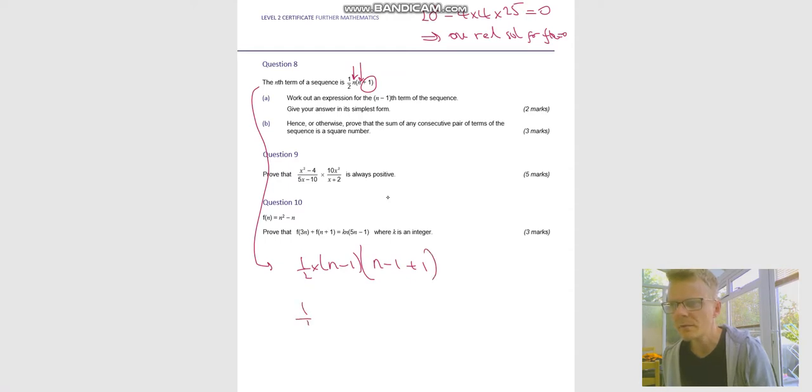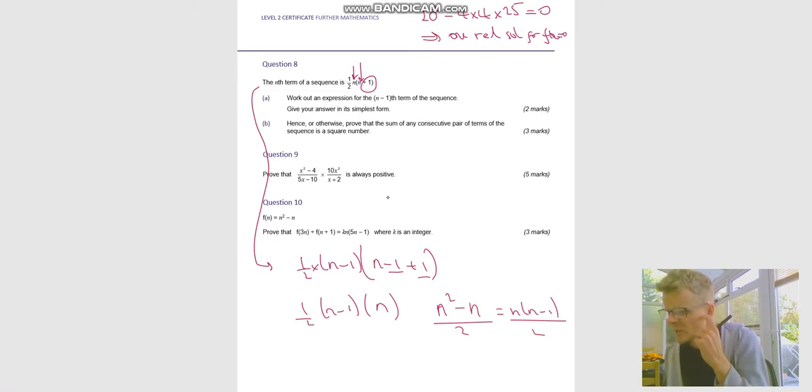So we get a half times n minus 1 times, minus 1 plus 1 is 0, so times n. Expanding that, we get n squared minus n over 2, although to be honest, leaving it as n times n minus 1 over 2 is probably simpler.